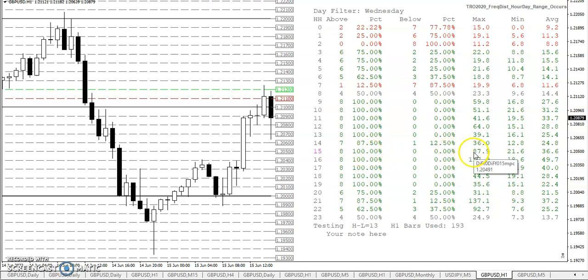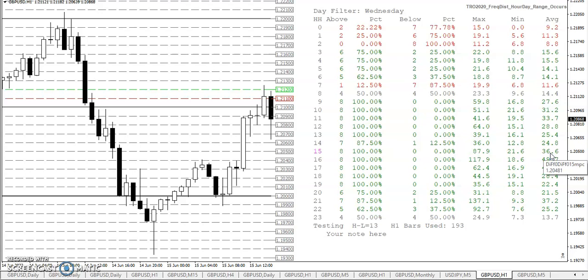Now, the maximum range, high minus low, out of these 8 bars was 87.9. The minimum range was 21.6. And the average was 36.6. So you can see here, this is a great hour to trade the Walmart method.